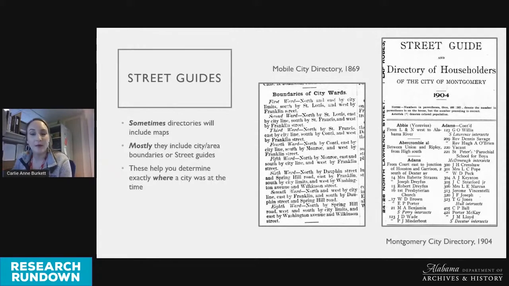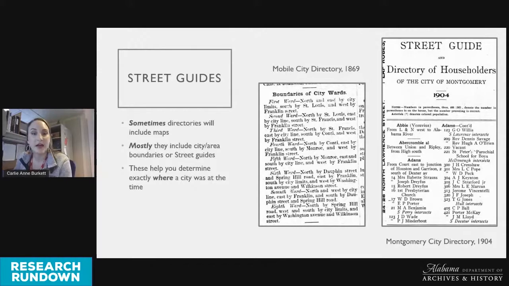I've got one from Mobile in 1869, and it is giving out the boundaries of the city wards. So you could essentially take this information and make your own boundary to see where the city was at that time in 1869. The other example is from the beginning page of the street guide from the Montgomery City Directory in 1904.